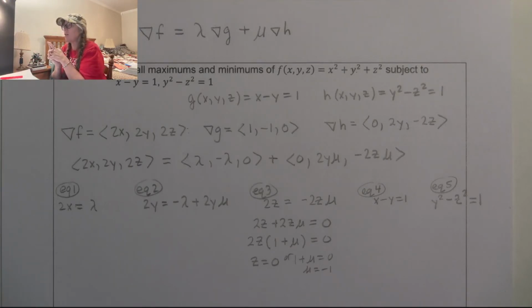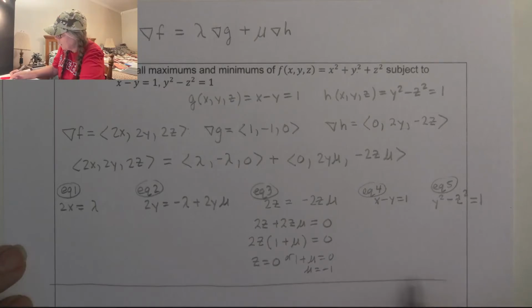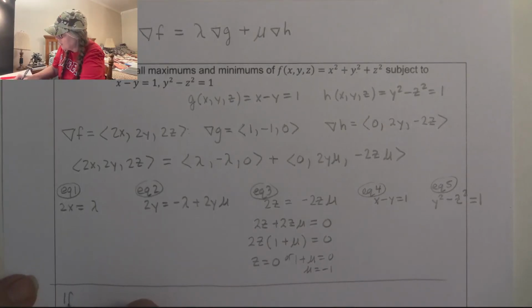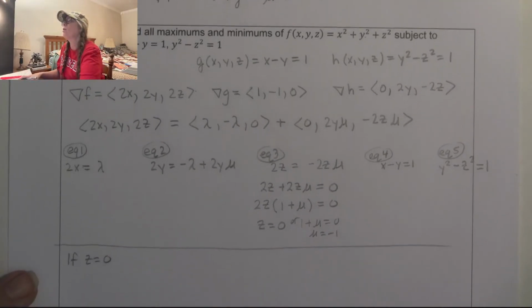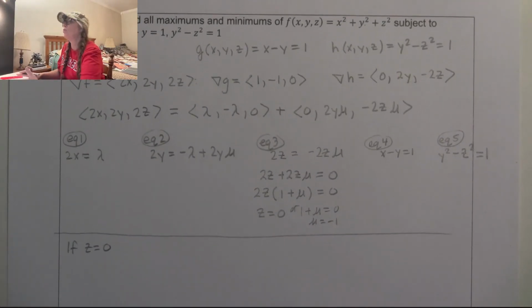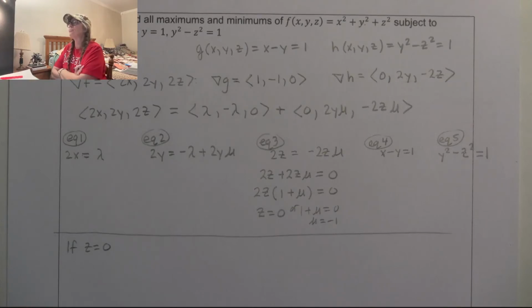So I'm going to be starting off here with z equals 0. I'm going to draw a line here, and just here, if z equals 0, I don't really care about knowing what lambda and mu are. I want to know what x, y, and z are.